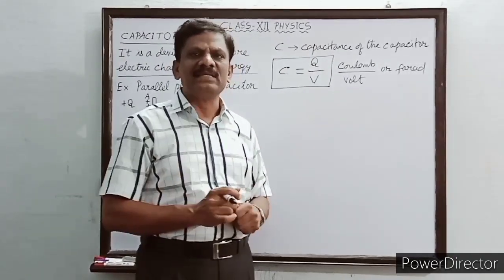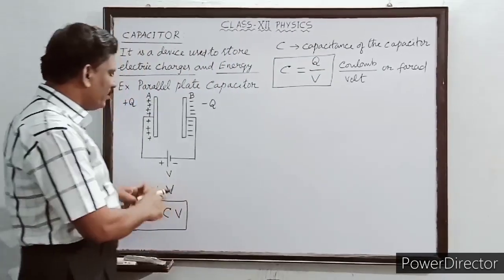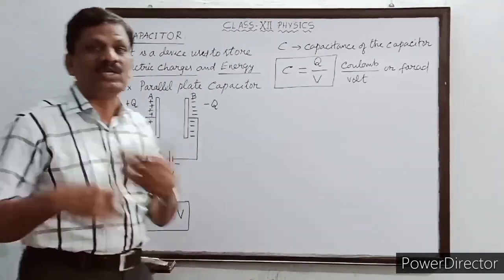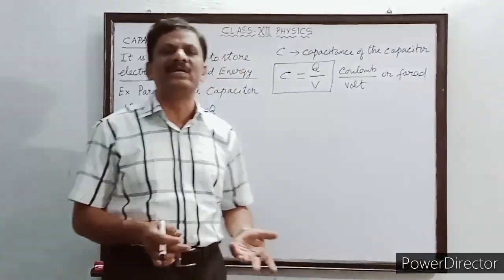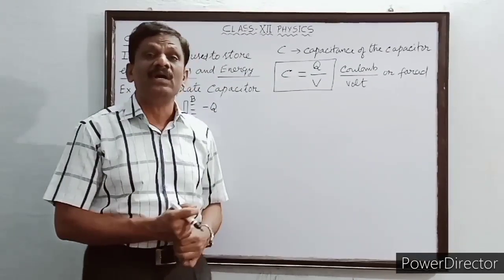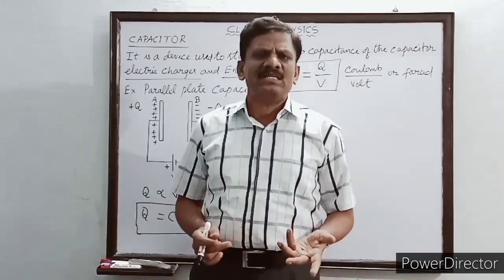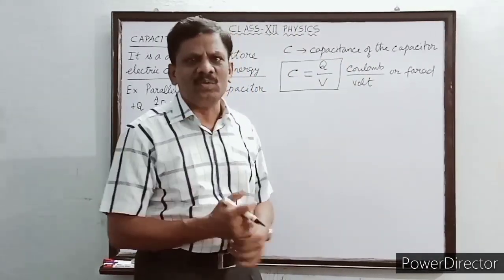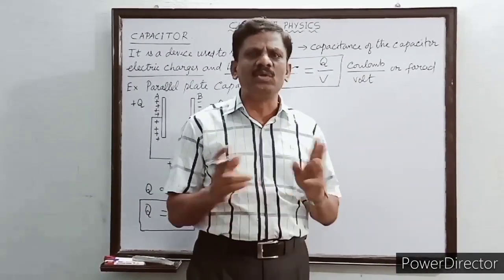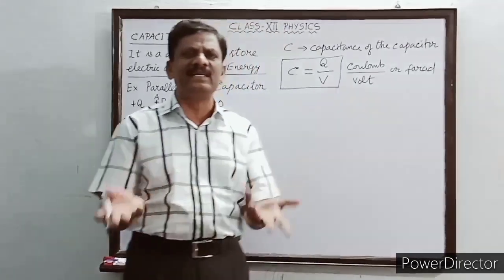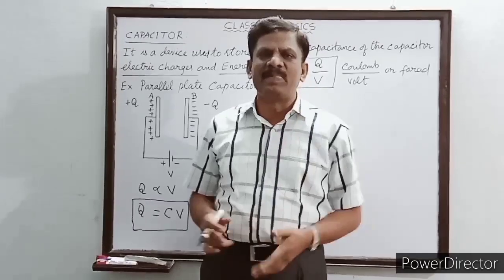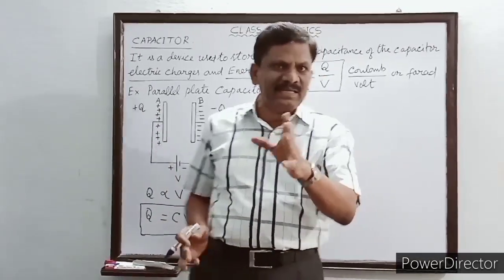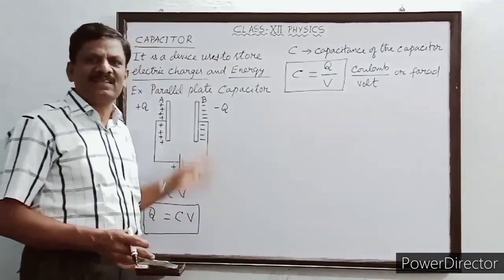Suppose you increase the potential difference twice as 2V, then proportionately the quantity of charge will also be doubled, so Q will become 2Q. Once again the ratio is 2Q by 2V, which is equal to C itself. The capacitance of the capacitor can never be increased merely by increasing the potential difference or the charges.